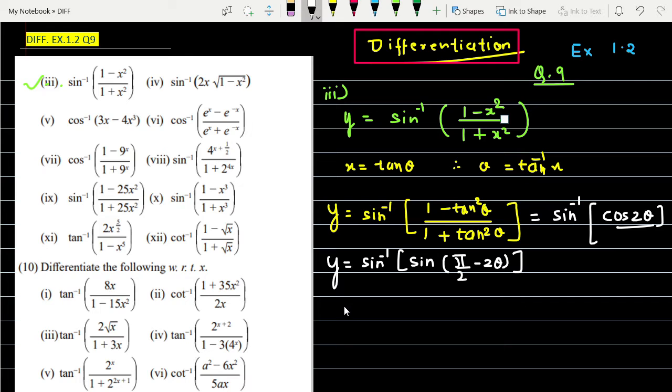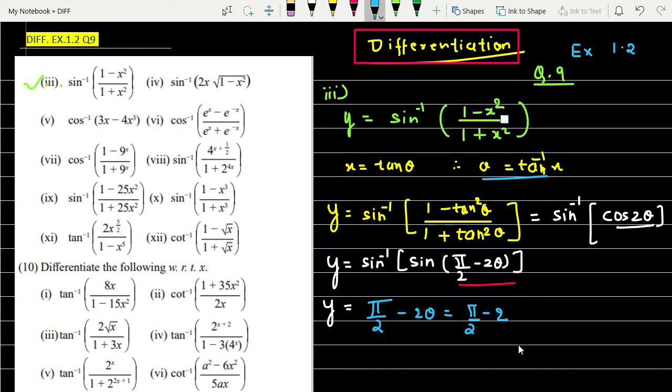Sin inverse of sin is the identity function, so y will be equal to only this, pi by 2 minus 2 theta.